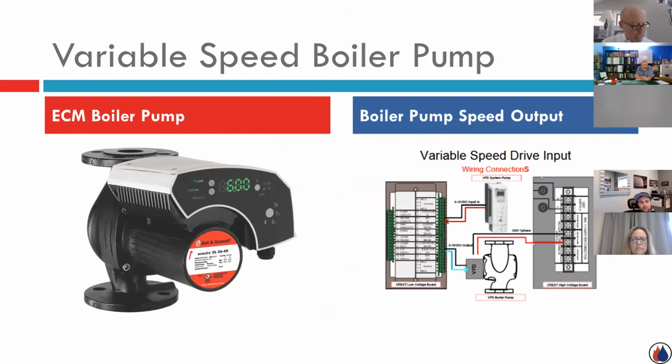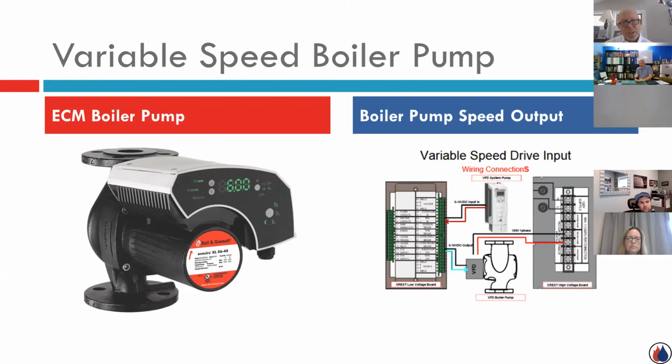But just showing another example. And lastly, one last thing to address that scenario of the temperature entering the boiler plant: some of the manufacturers now have the capability of providing or sending a 0 to 10 signal to ECM boiler pumps.